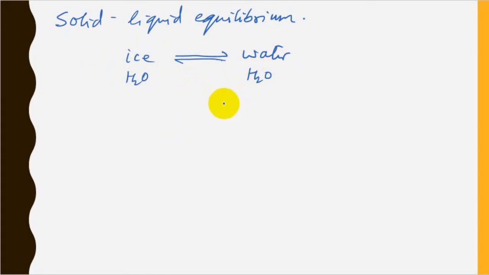But for this to be established, when can it be established? Ice is converted into water, and water is also converted into ice. This process has to take place at the same time, isn't it? So this process you cannot carry out at any other temperature except the melting point of ice. What is the melting point of ice? You should be knowing. Anyone?